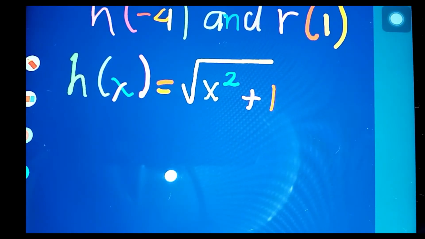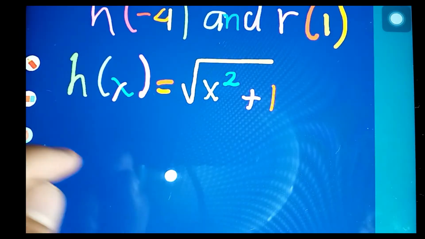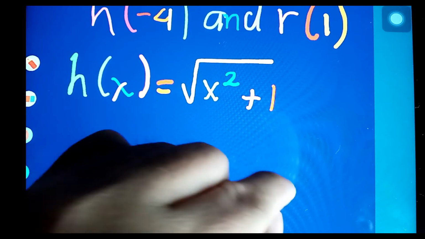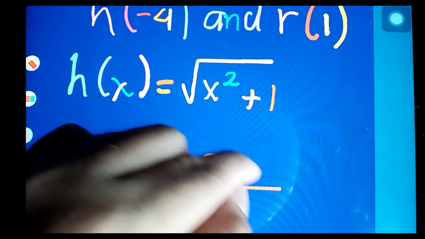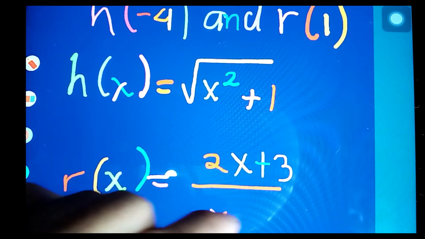That is our function before. Next, our r from earlier: r of x is 2x plus 3 all over x minus 1.